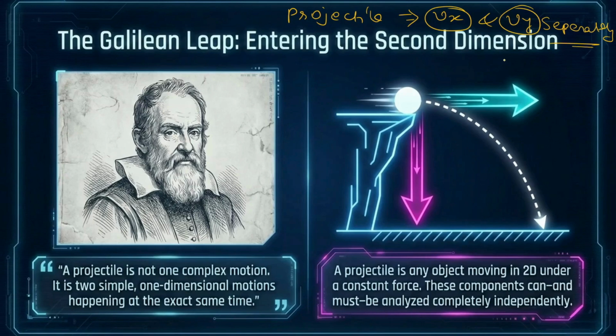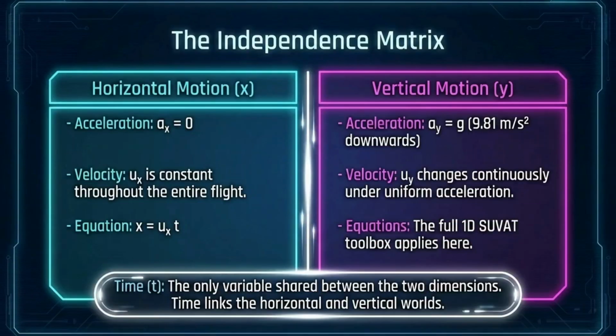Okay, so how do we do it? Let's find out. I show you here two tables. One is for horizontal motion and the other is for vertical motion. On the horizontal side, which is in the x direction, once an object is launched, there is no force acting on it horizontally if we ignore air resistance.